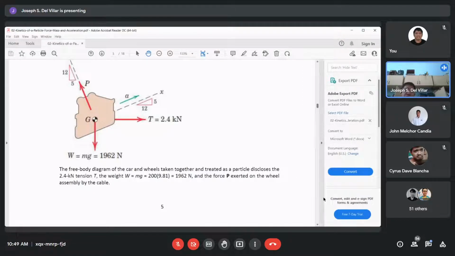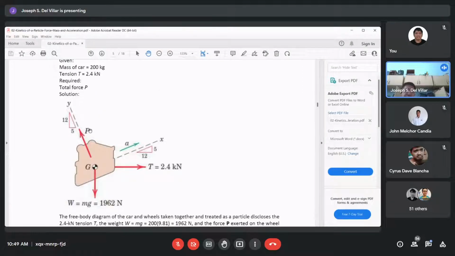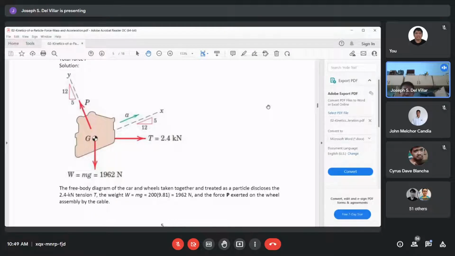You try to rotate this x and y, no? Rotate them here. Such that the x is here. Then the y here. Okay? And then, you just sum the forces along the y.